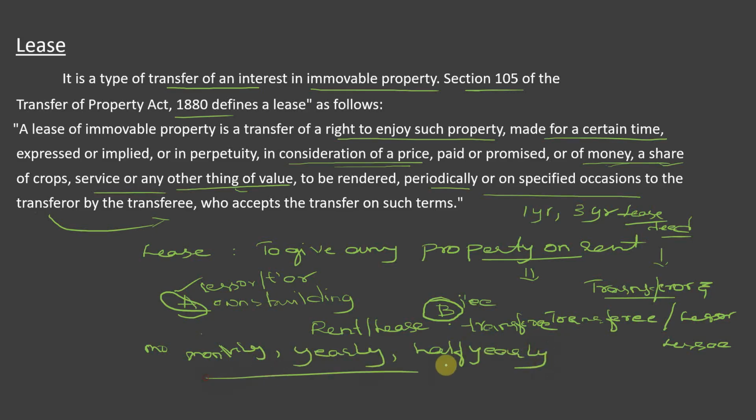It depends on how A and B agree. This is a transfer of an interest in immovable property, that is a land or a building. Land could be an agricultural land which could be given on lease for a certain period of time to use and cultivate the land, which is an immovable property. Such type of transferring an interest is called a lease.